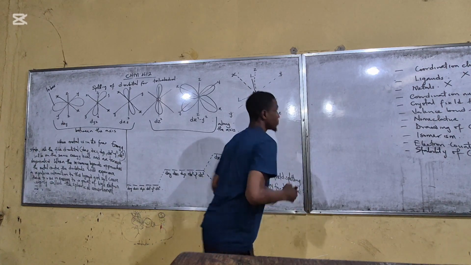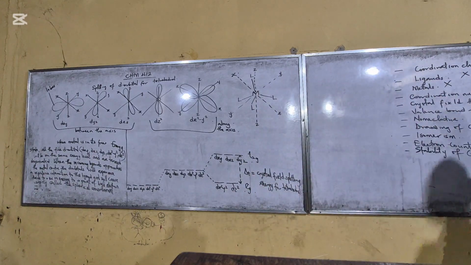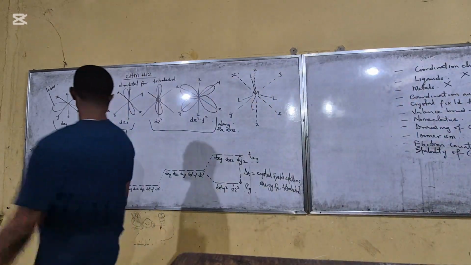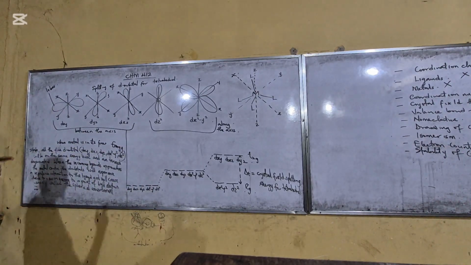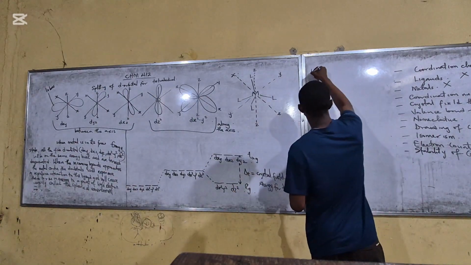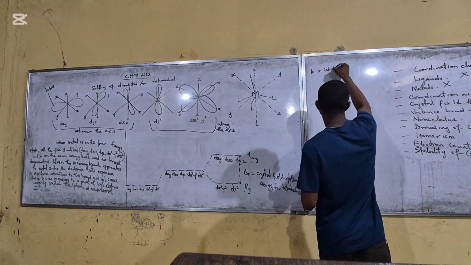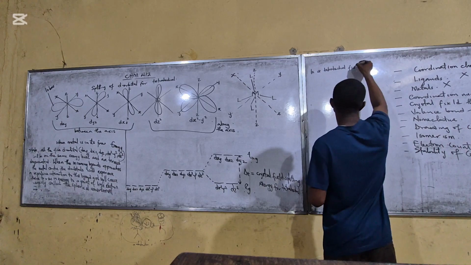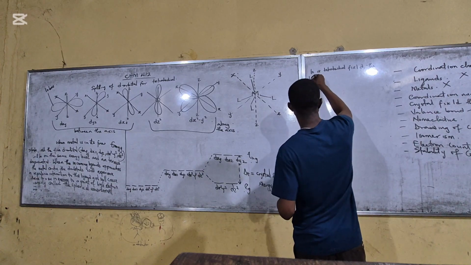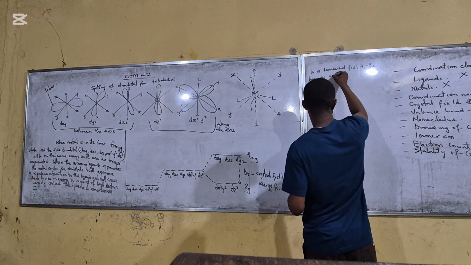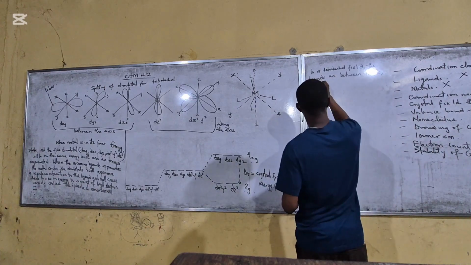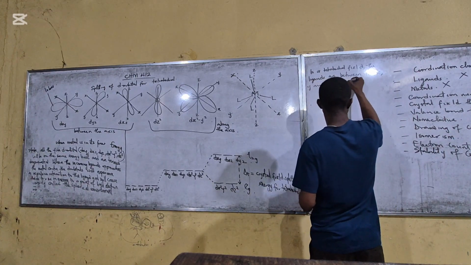So we have entered here now. So let's write down the last note. We'll say in a tetrahedral field, that's in this field now, the ligands are between the x, y, and z axes.